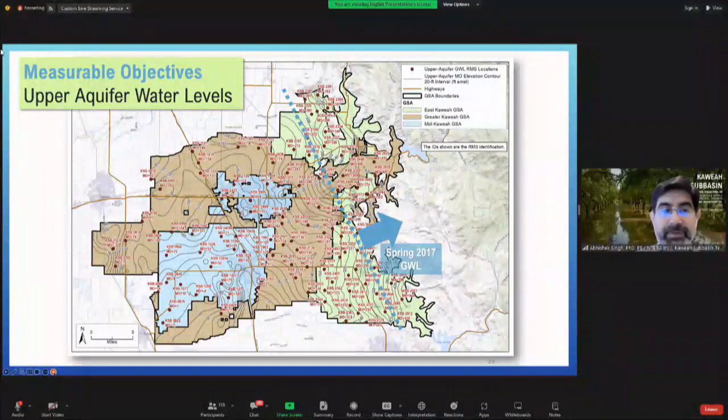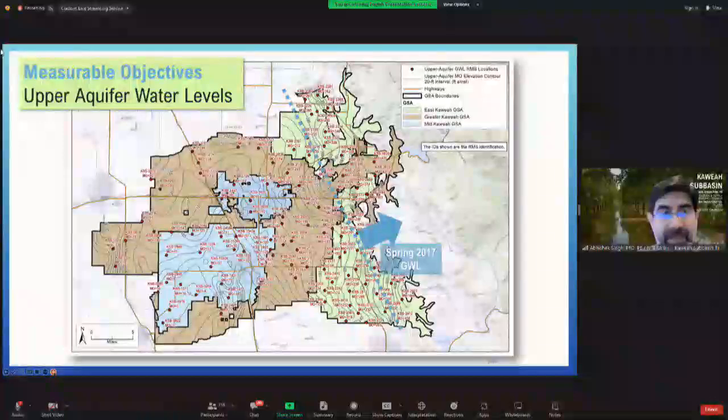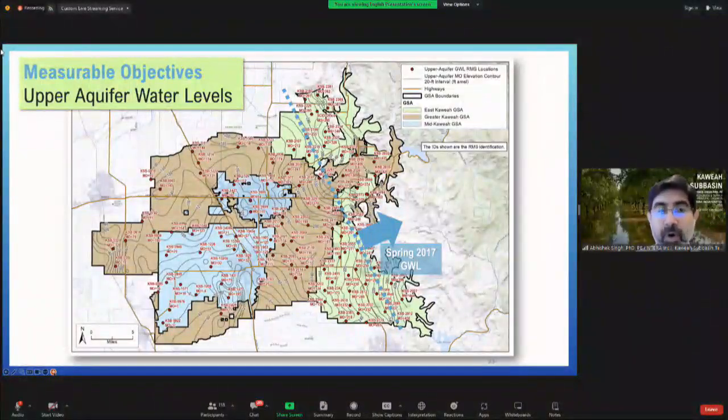These groundwater levels are much higher than our minimum threshold and are even more protective of beneficial use and users than the minimum thresholds for the upper aquifer, while also providing operational flexibility so that the groundwater conditions could be managed between the measurable objectives and the minimum thresholds.